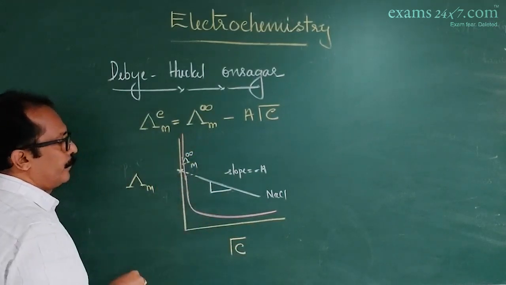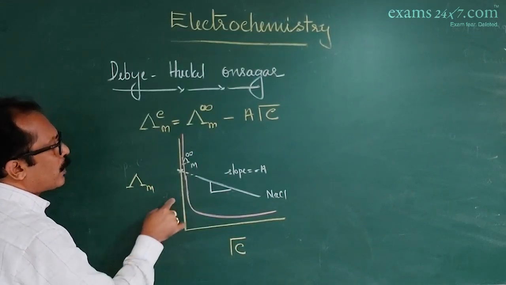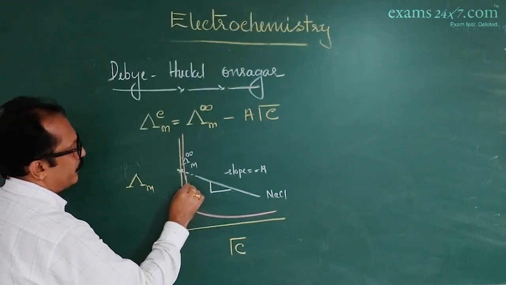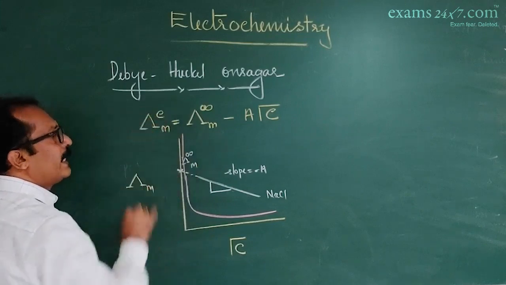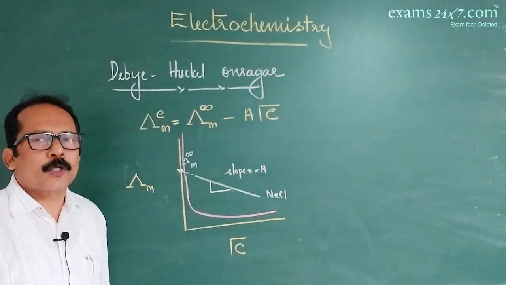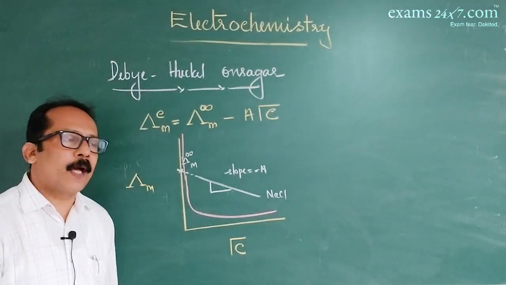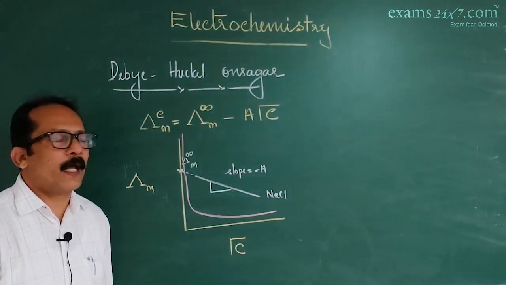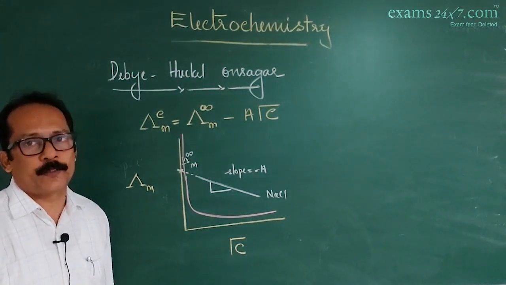When the concentration decreases, this value increases sharply. Therefore, it is not possible to calculate molar conductance of a weak electrolyte at infinite dilution.